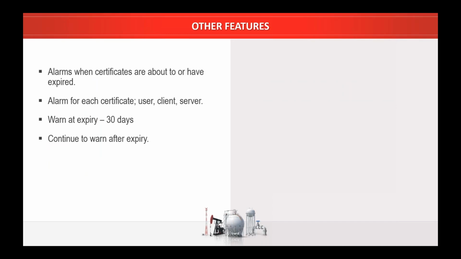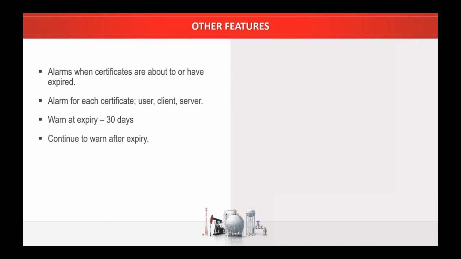We have a couple of other things involved with the UA driver. Because, as I mentioned quite frequently, the certificates are the key to communication between the client and the server, we have some inbuilt alarms in the UA driver for when certificates are about to expire or have expired.